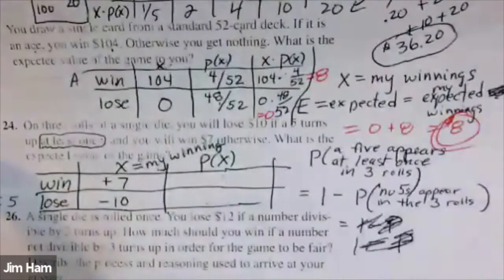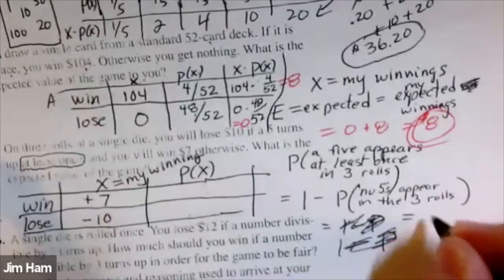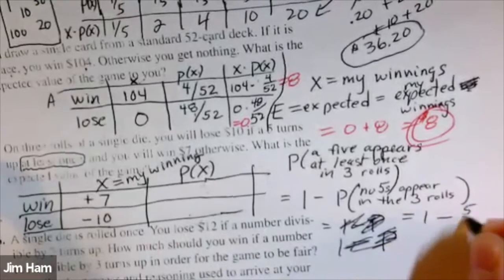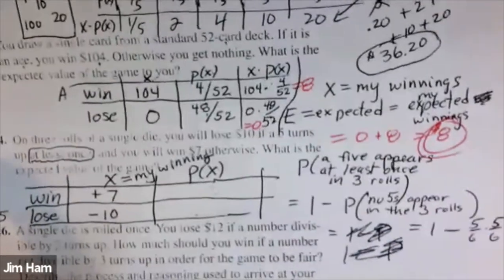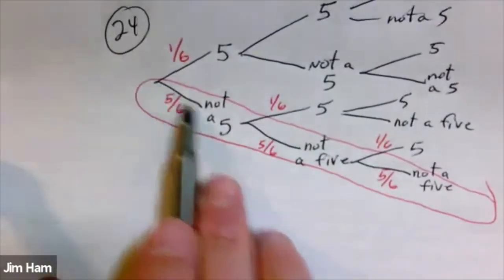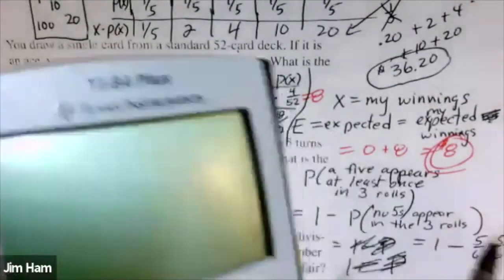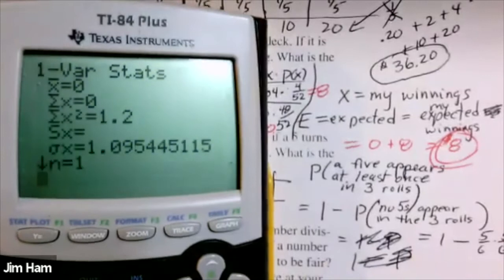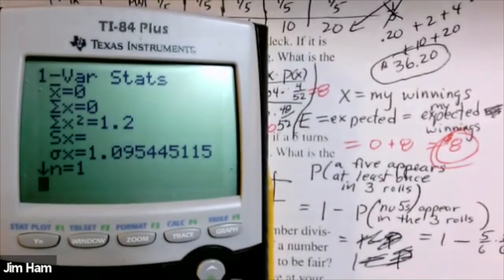So that's the picture. And then the way we would do it is we would take 5/6 times 5/6 times 5/6. Basically, the probability of no 5s would be this branching here, where we multiply. So all of this just to calculate the probability. We're not even close to the expected value yet.